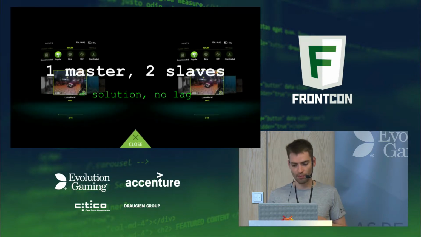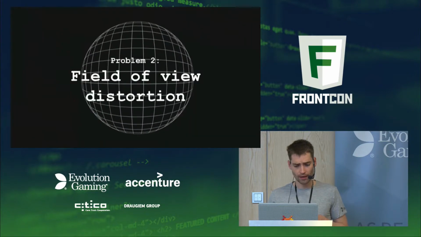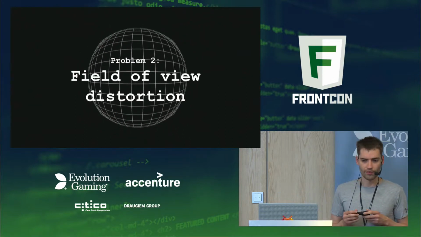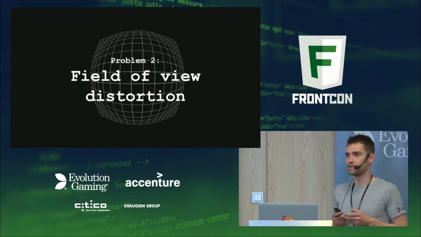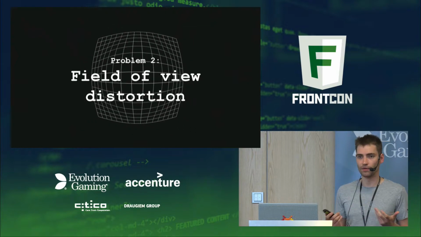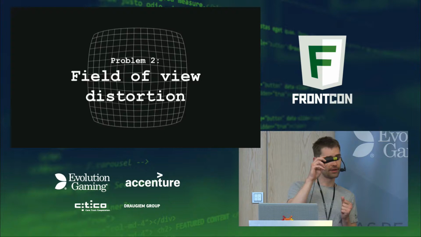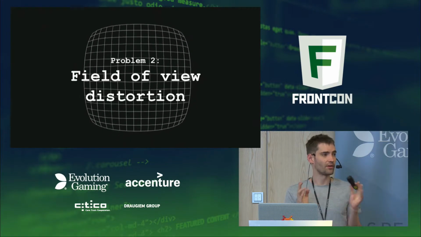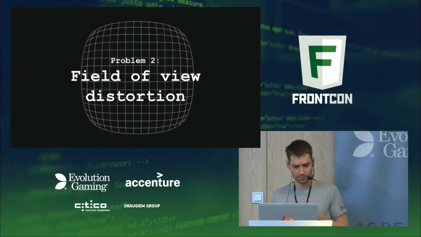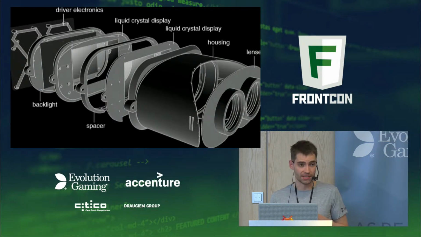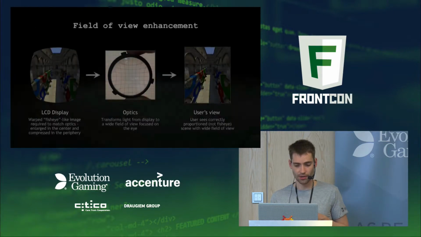But still, the bigger problem of using CSS 3D is the way virtual reality gives us a space, a field of view. Normally, if you put a device to your eyes, you will have a very narrow field of view. To make it wider, the device uses lenses on both screens, which expand your field of view.